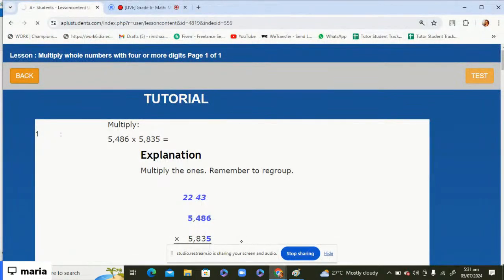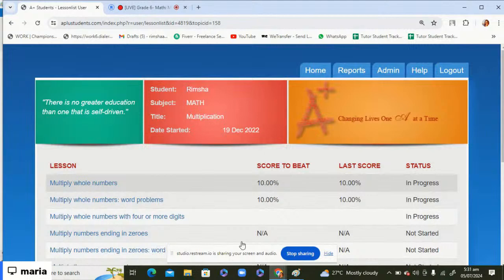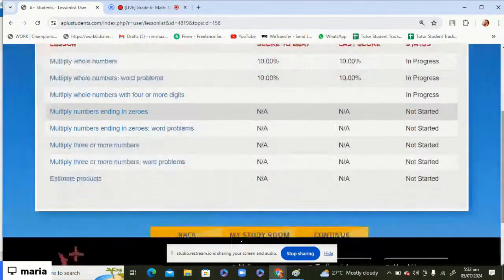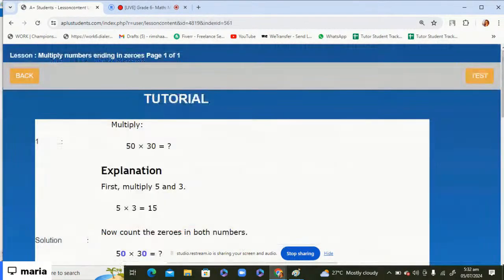You can practice these questions, okay? So, multiply numbers ending in zeros.